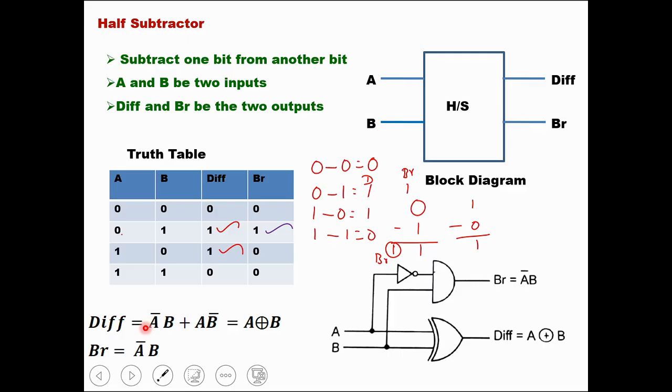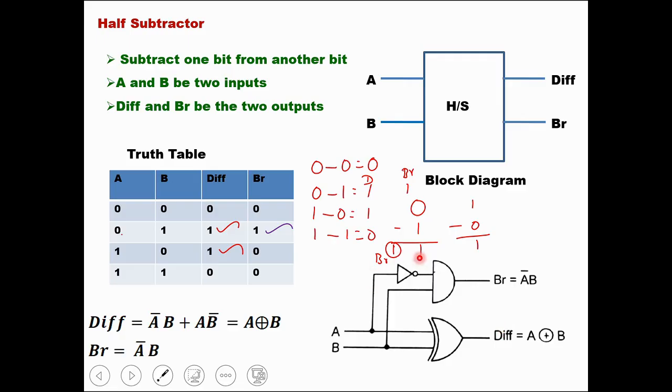So now we have to implement these Boolean expressions into the logic circuit. Since we are having 2 inputs, difference is taken across an XOR gate output. So A and B are given as input to the XOR gate and the output is taken as difference, which is equivalent to A XOR B. So for borrow, the inputs are A bar and B. A is initially given to the input of a NOT gate.